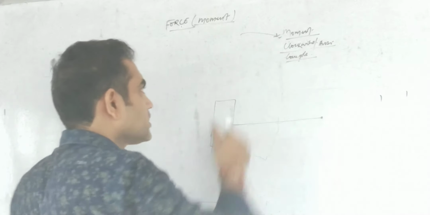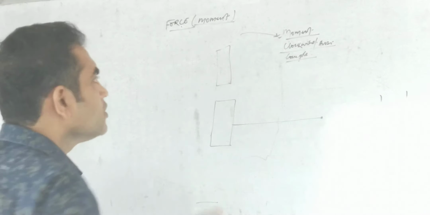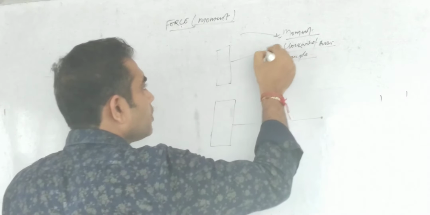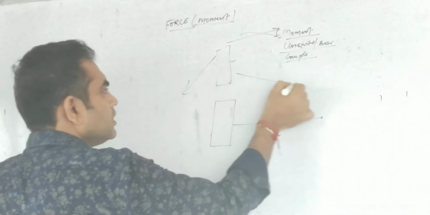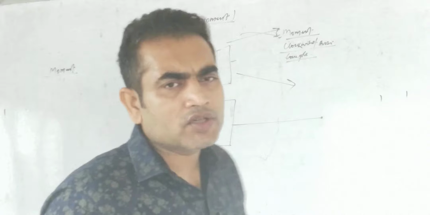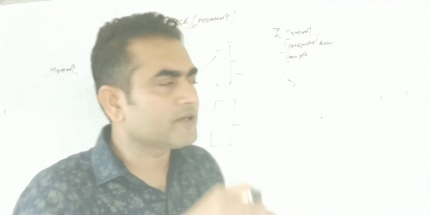Whenever it is pivoted, the force will cause a turning effect, and whenever it is not pivoted, suppose we have the same object not pivoted at a particular point, the force causes displacement of the object, and the object will get displaced in this way, this way, this way. In whatever direction we apply the force, the object will get displaced in that direction.